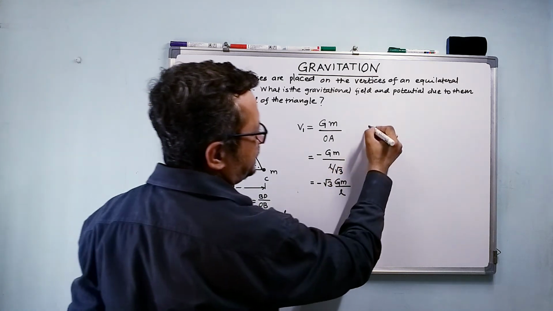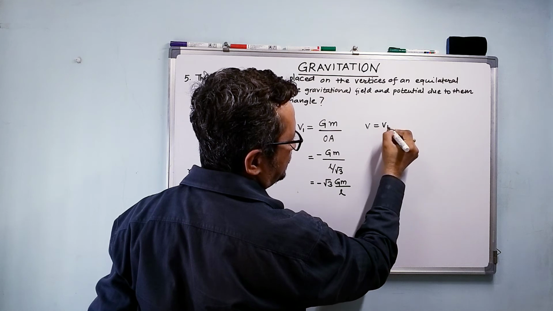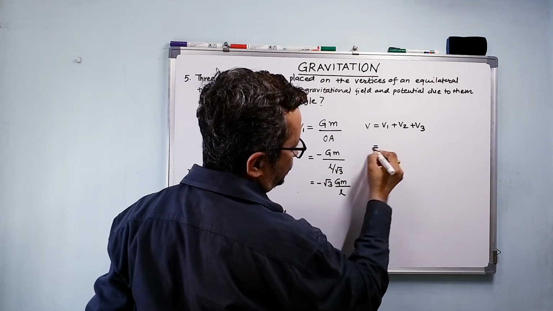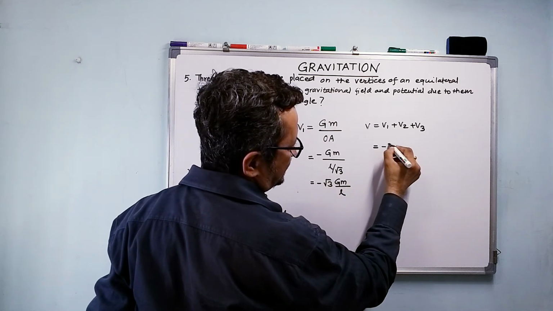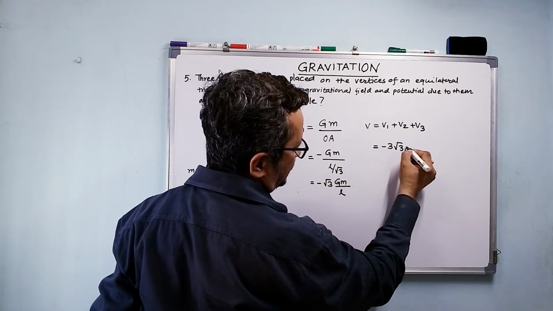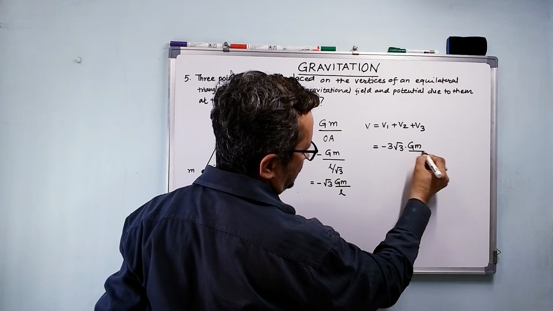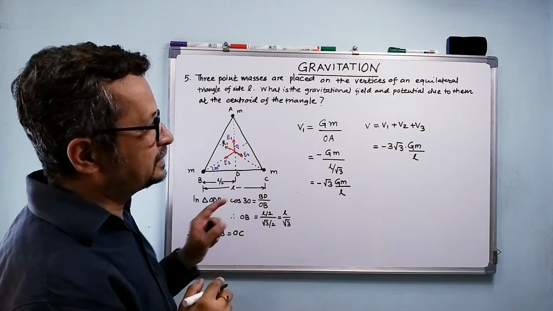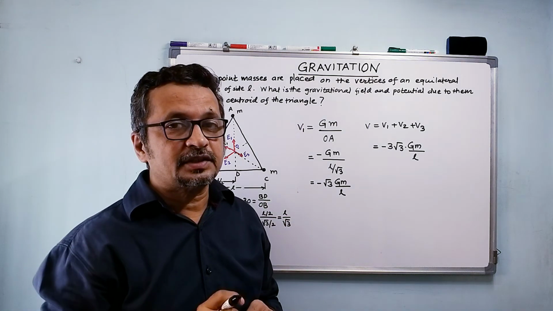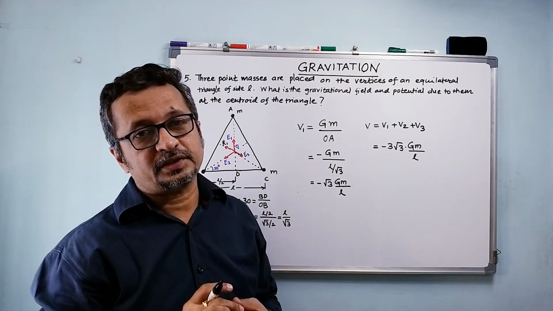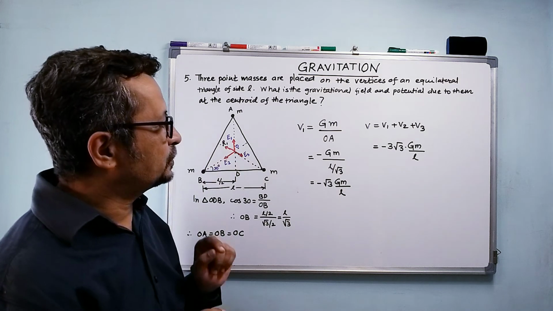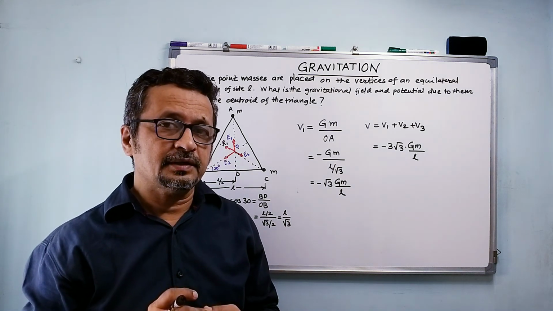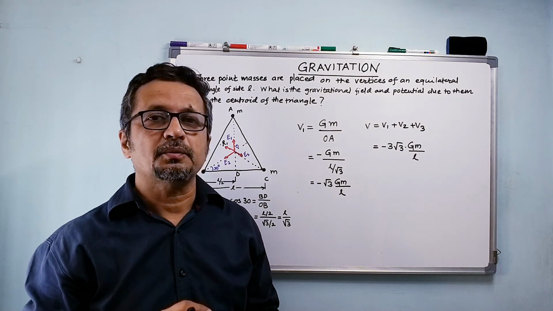So my net V is equal to V1 plus V2 plus V3, and that is going to be equal to minus 3 root 3 Gm upon L. So that is my net gravitational potential at point O. So that is how we deal with the gravitational field and gravitational potential.